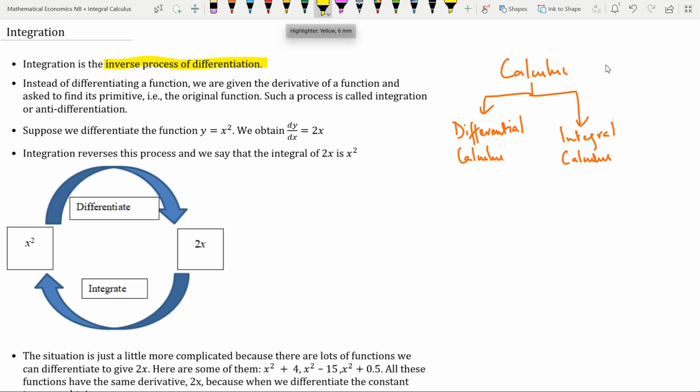Say we are given a total cost function and we need to find a marginal cost function, or we are given a total revenue function and we have to find the marginal revenue function, and so on. So in differential calculus, we are given a function and we need to find a derived function.